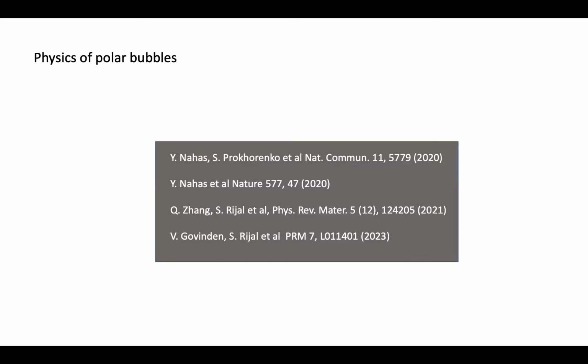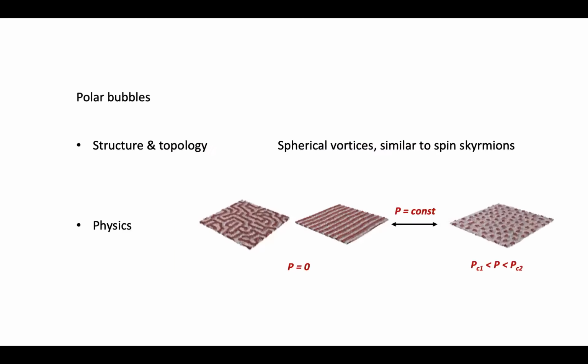Now, more on the physics of bubble domains you can find in those papers. We explored this idea, but also the influence of depolarizing field and different parameters on the bubble properties. So let's recap a bit. With respect to the structure and topology, we saw that bubble domains are sort of spherical vortices, and they share a lot of similarities with the magnetic skyrmions.